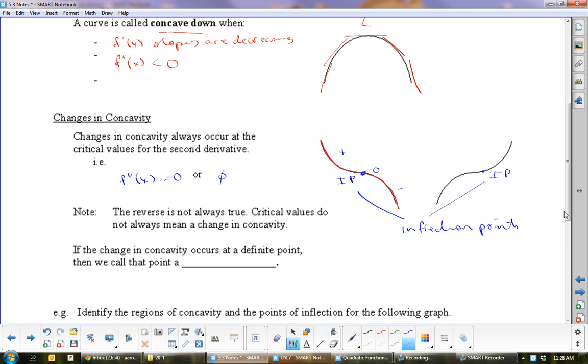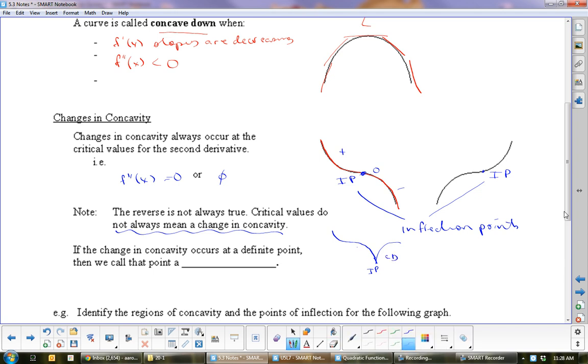Now, critical values are inflection points, but this is important, they do not always mean a change in concavity. So if you went like this and then like that, well, that changes. But what if it went like this? Okay, so this is an inflection point, but it's still concave down here and concave down here.